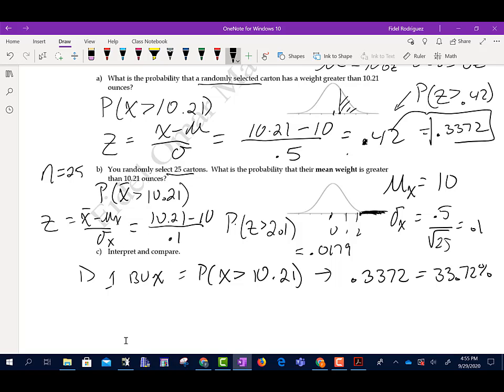So if you randomly select one box, the probability that the weight of that box is going to be more than 10.21 is about 33%, 34%, okay?